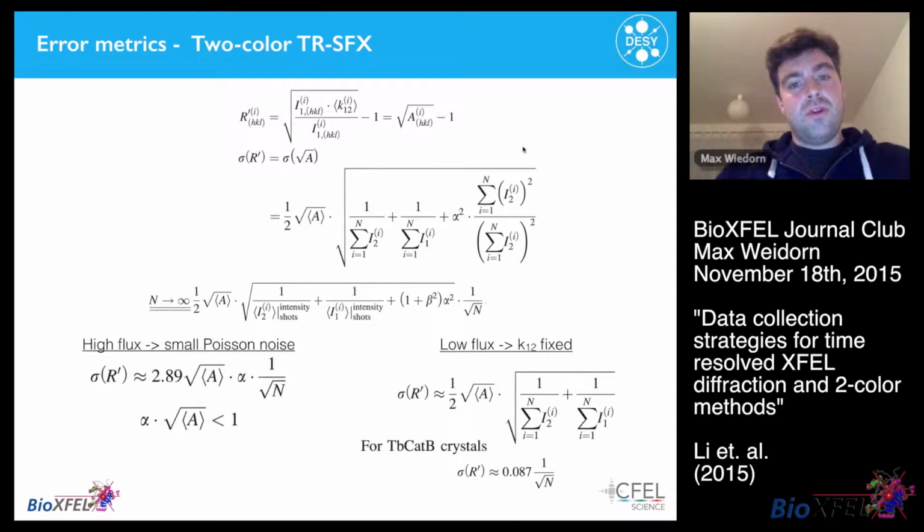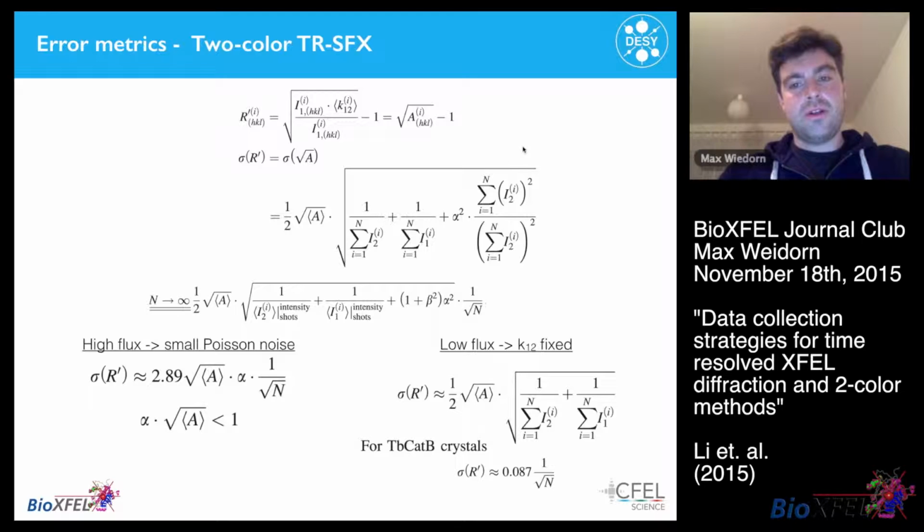But if you take the limit for large N, it boils down to a rather easy thing again, where it's inversely proportional to the intensity per shot, which is essentially the Poisson noise on your detector. So a strong hit is less prone to be falsified by Poisson noise, while a weak hit is more prone to it.